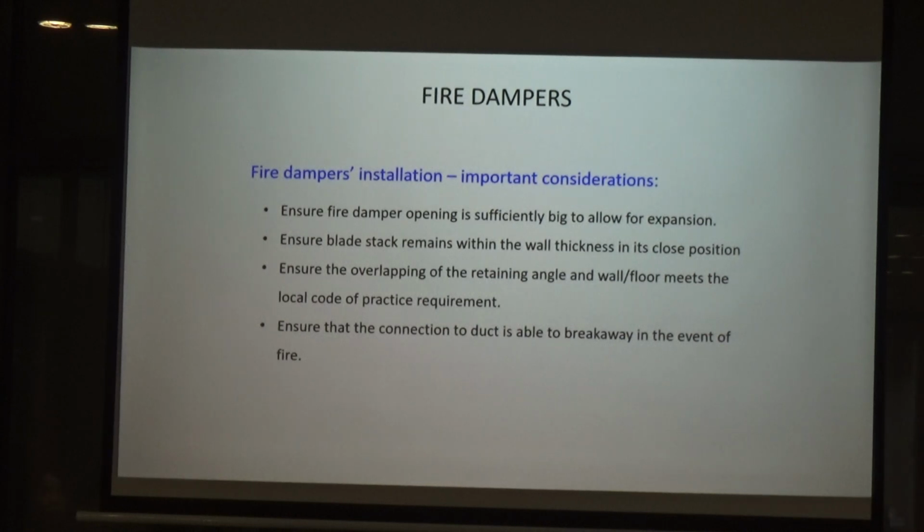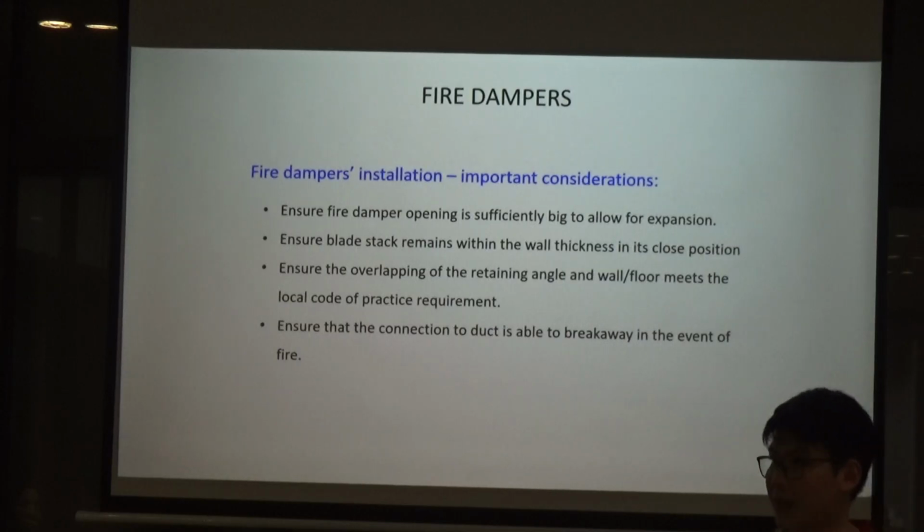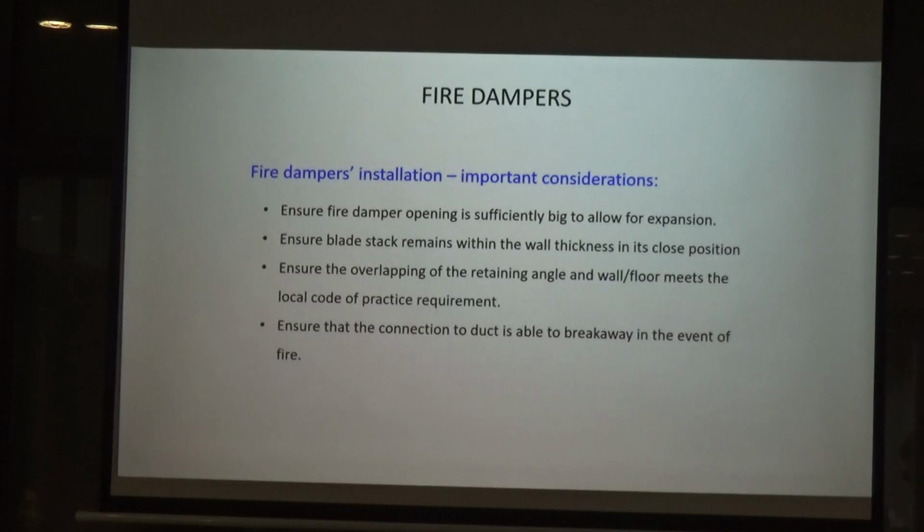The first is to ensure that the fire damper opening is sufficiently big, to allow for expansion of the fire damper during fire. When fire comes, the temperature is very high and anything will expand, so the opening must be big enough to allow for thermal expansion.